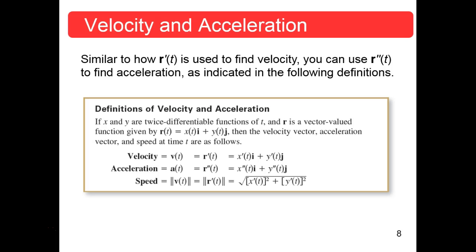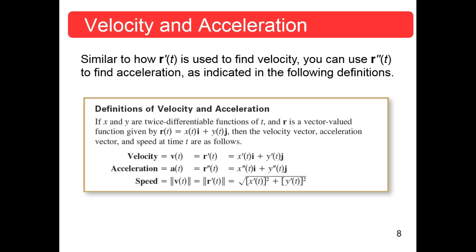If x and y are twice differentiable functions of t, and r is a vector valued function given by r of t equals x of t i plus y of t j, then the velocity vector, acceleration vector, and speed at time t are given as follows.